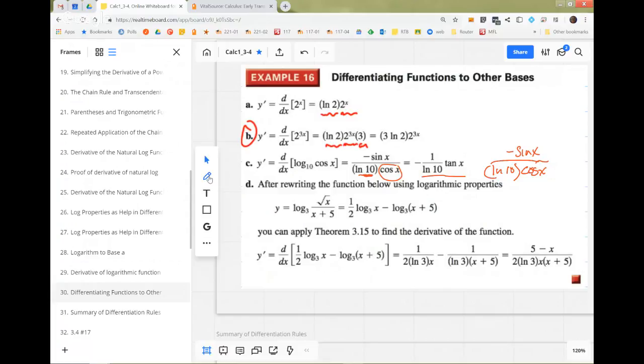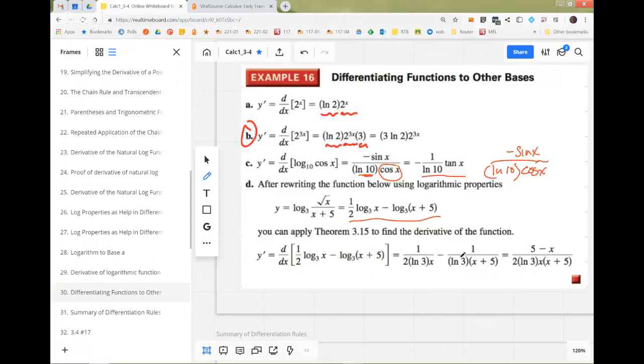So now it's time to do the derivatives, since we haven't done any yet. Now let's take the derivative of this whole thing. So you can take the derivative of each part. What's the derivative of 1/2 log base 3 of x? Well, you got your 1/2. Leave the constant there. 1 over x times the natural log of the base, 3.